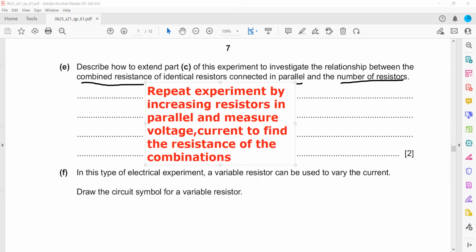So if you want to investigate how the total resistance of resistors in parallel is affected by the number of resistors in parallel, for that purpose you should repeat the experiment using more resistors, calculate the voltage and current for each combination and find the resistance.